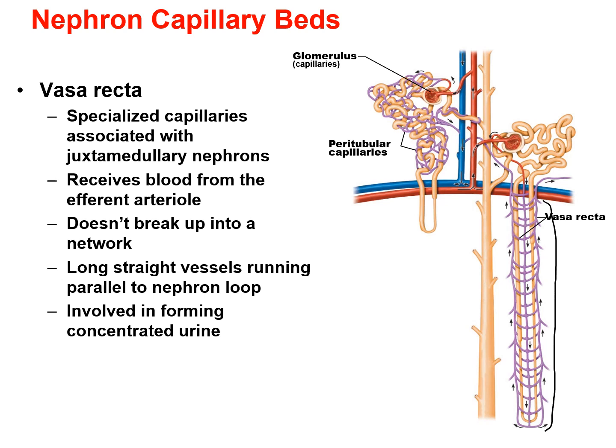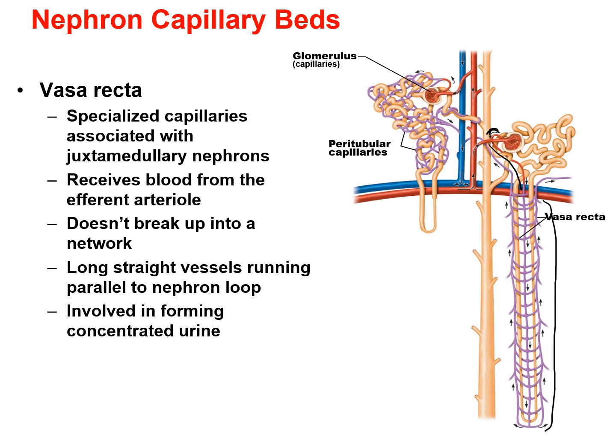Your vasa recta is going to receive blood from the efferent arteriole. And so if you look here, you still have that efferent arteriole draining the glomerulus that's going to go and eventually give rise to the vasa recta.